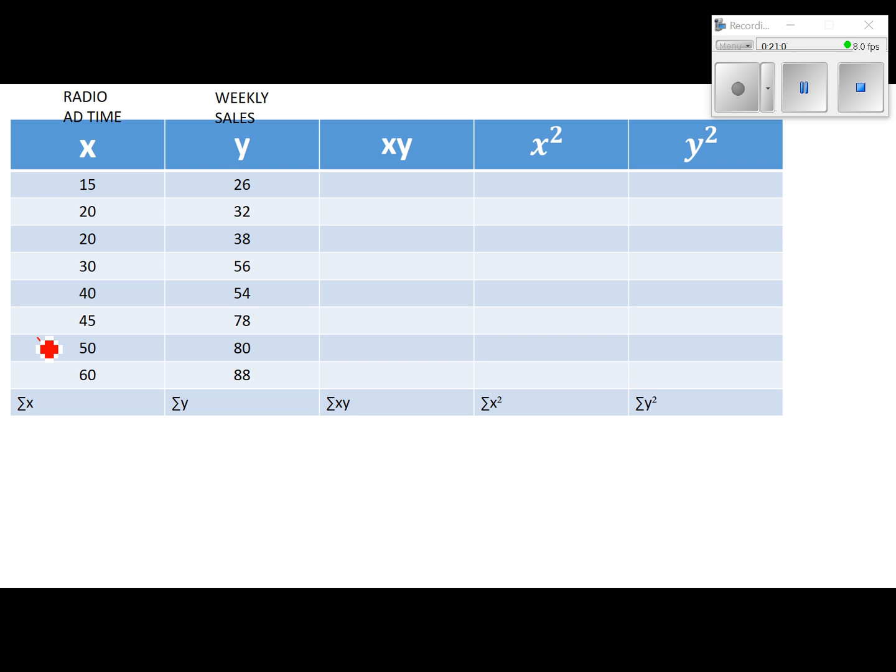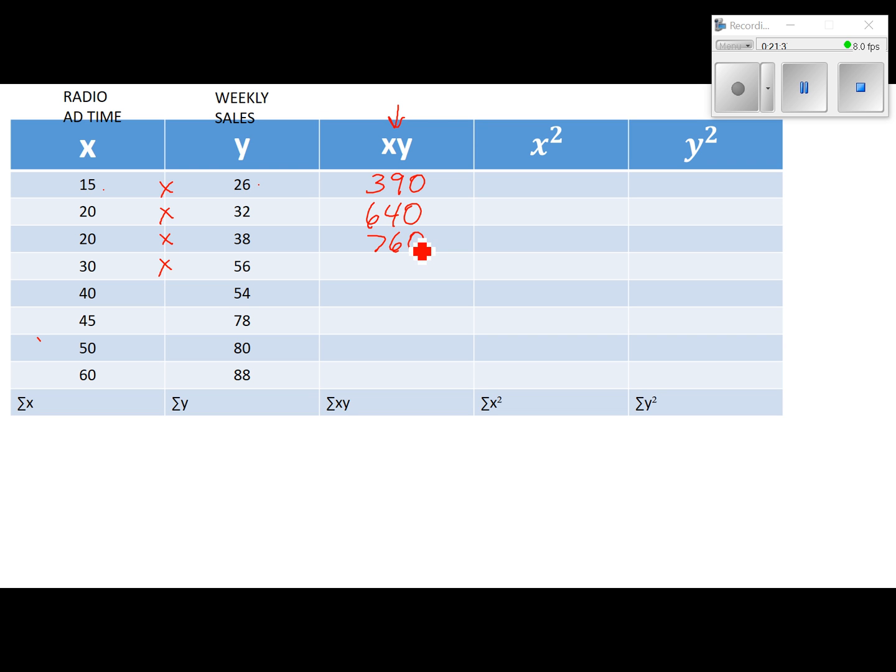On this column right here, find x times y. You just take 15 times 26, multiplying each one of these to get that next column. 15 times 26, I grab my calculator, and it comes up to 390. Then 20 times 32 is 640, and 20 times 38 is 760.